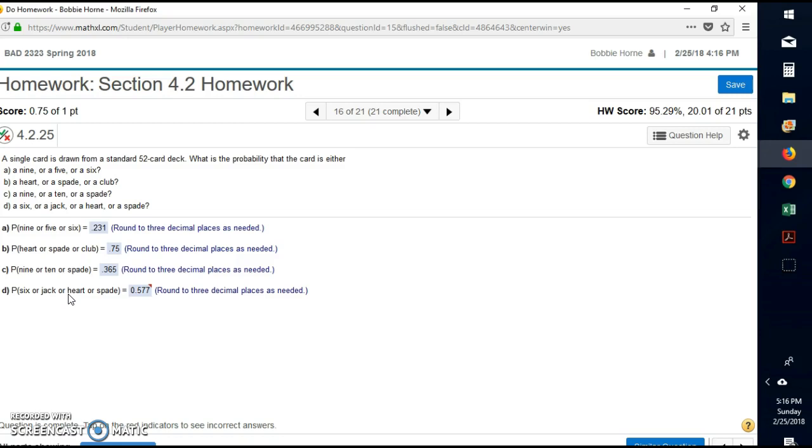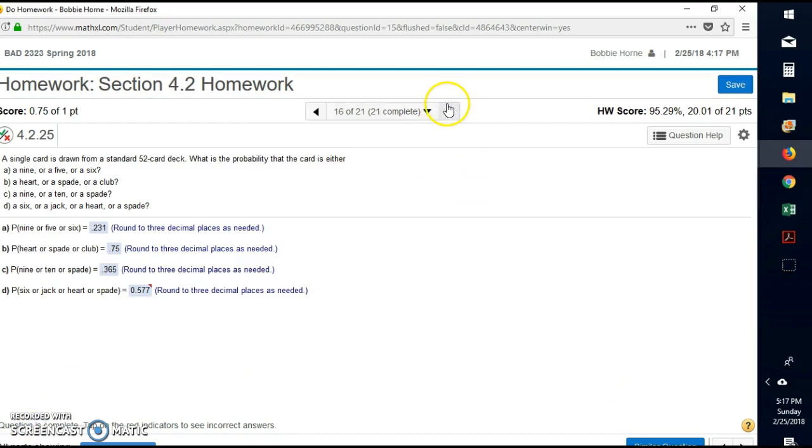So you end up having 1 out of 13 plus 1 out of 13 plus 1/4 plus 1/4, minus the 1 out of 52 for the 6 of hearts and minus the 1 out of 52 for the 6 of spades, and then minus the 1 out of 52 jack of hearts and minus 1 out of 52 jack of spades, and that would give you 0.577. So it's really all about knowing your cards on that one.